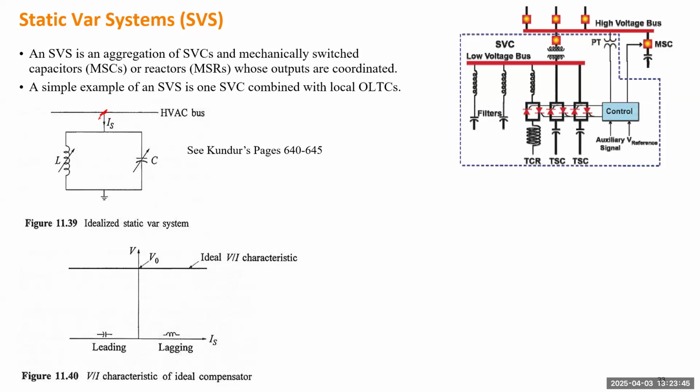Then you can smoothly transition from reactive load to reactive source, so that it will be able to maintain the voltage at the terminal. That's ideal control. You can smoothly transition from a more capacitive type of load to a more inductive type of load, with either leading power factor or lagging power factor. That's the ideal case, so the voltage doesn't change with current. The current can be either positive or negative.